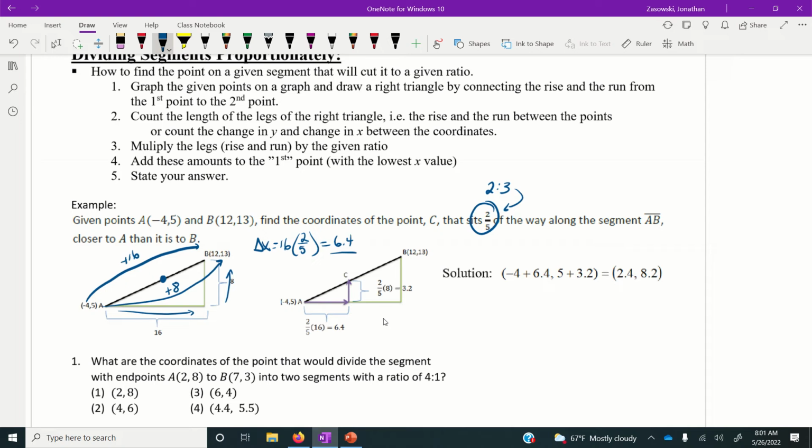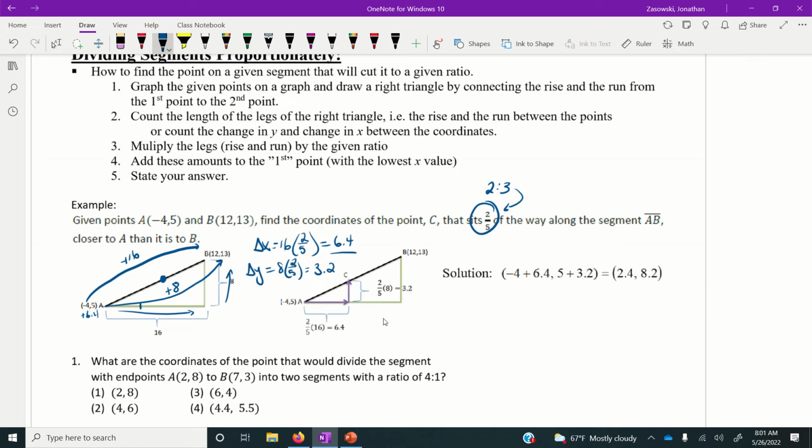So we would go over 6.4 units from -4. So if we add 6.4 to -4, that takes us to positive 2.4. And then we did our change in y, which was 8, and we multiply that times 2/5. And this is 16/5, which is 3.2.